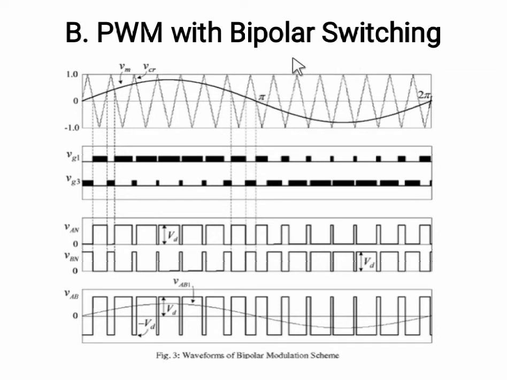To produce the bipolar switching, we have to compare only one sine wave with the triangular wave. So we get the gate pulses.